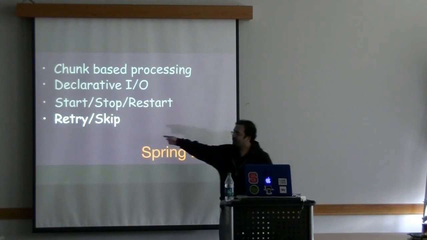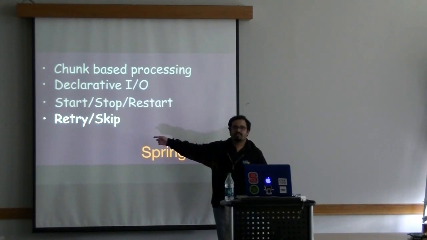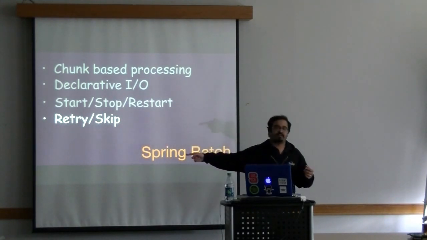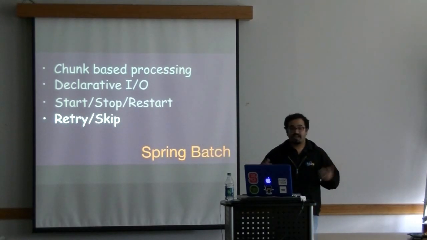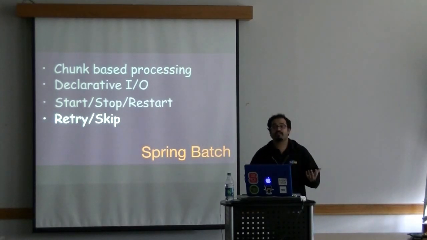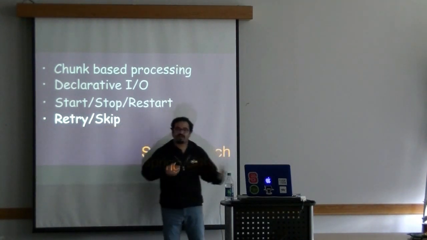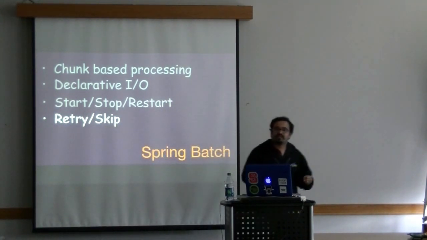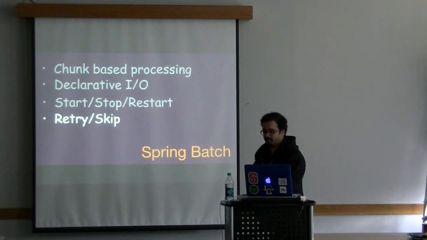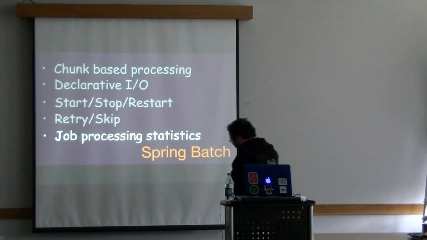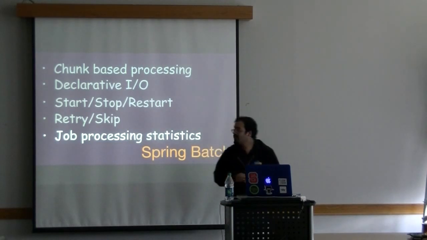You can say, hey, if I get those kind of nodes, just don't do anything with them, just skip them. I will manage them later. This is just one example. You can basically configure the policies that will trigger skip, retry, restart, and those kind of things. That's again a very powerful feature that I think we will have use of.